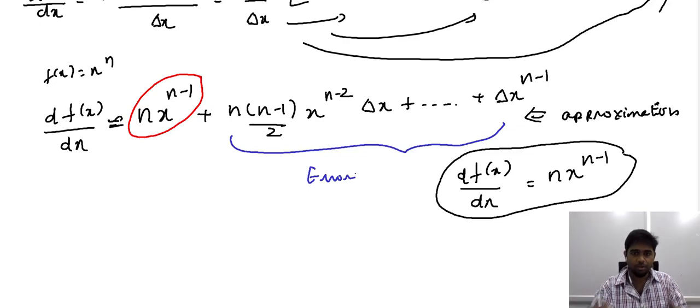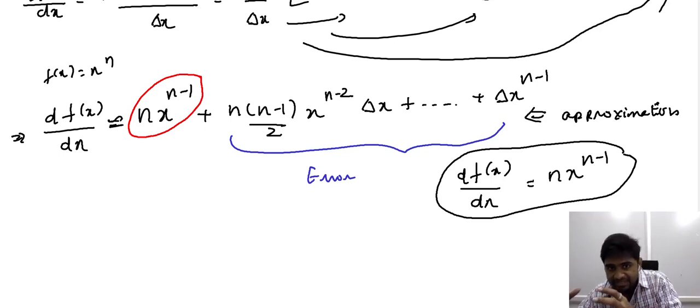So let me repeat. We have taken a function, we have used forward difference approximation to arrive at an expression that is here. Now this forward difference approximation should give us the derivative of the specific function that we are interested in. Since the answer is already known to us, we are comparing the approximation to the known answer.